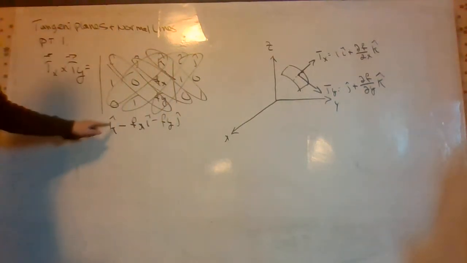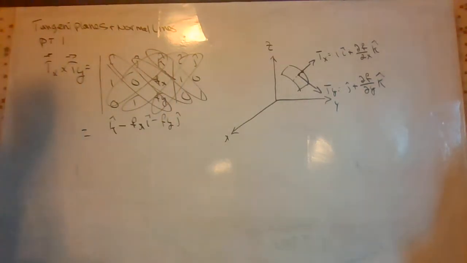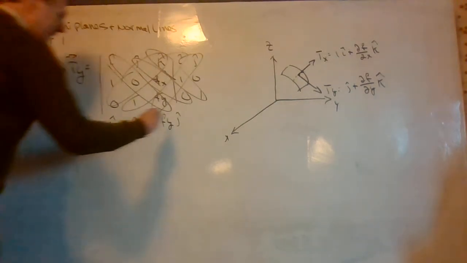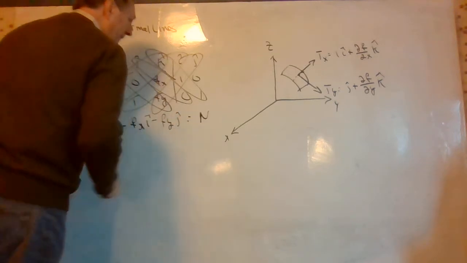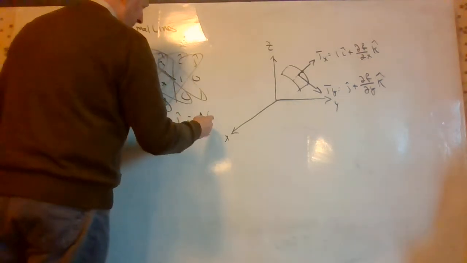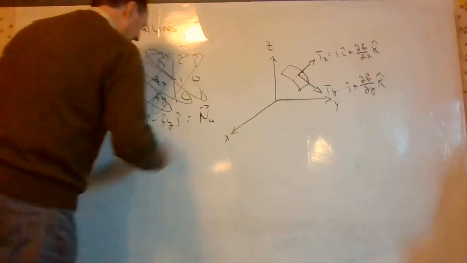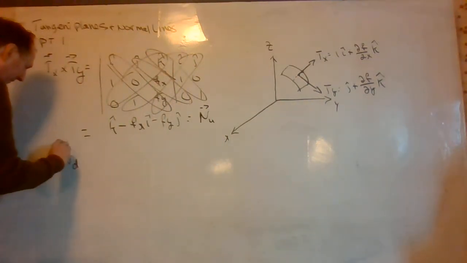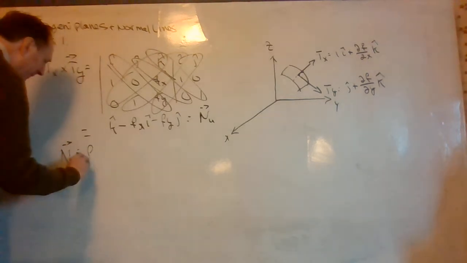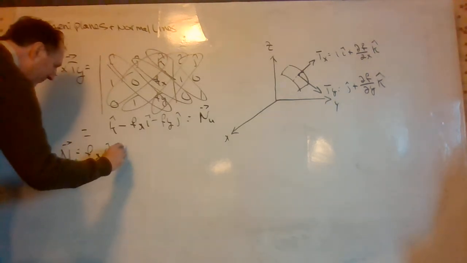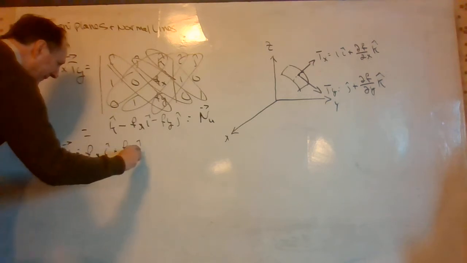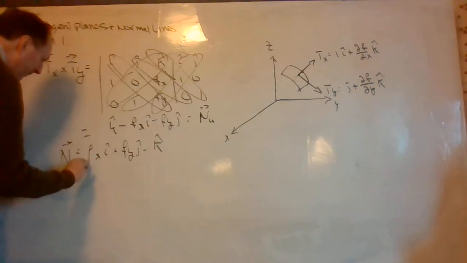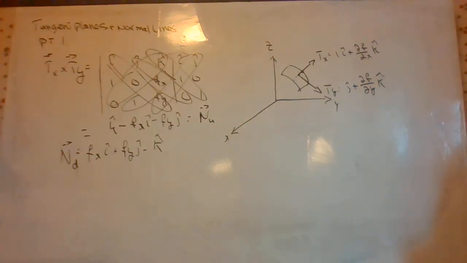All you'd have to do is make the signs opposite: negative, negative, positive is upward, and downward would simply be f_x i plus f_y j minus k, and that would work as well. You could really use either one, it doesn't matter.